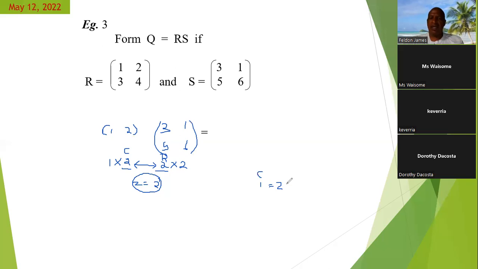The number of rows in the second matrix was 2. Are these 2 numbers the same? No. So they are not equal. And once these 2 numbers are not equal, it means that you cannot multiply the 2 matrices.